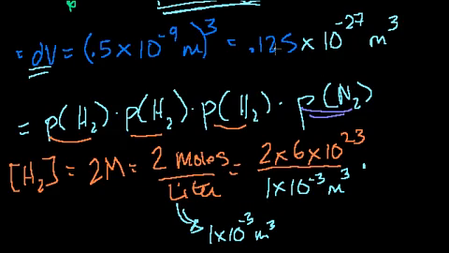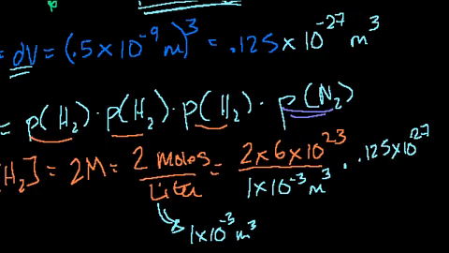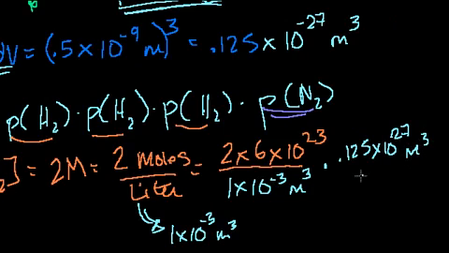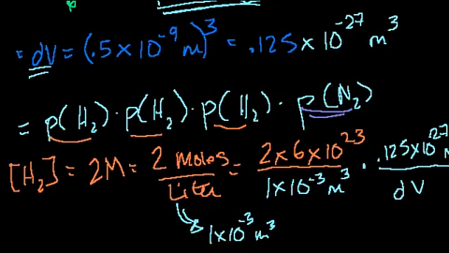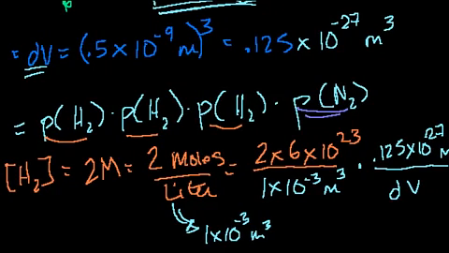So we know that already. It's 0.125 times 10 to the minus 27 meters cubed per our volume. Right? I just got that from up here, that I have a small fraction of a meter cubed per my volume. And now I just have to do some math.